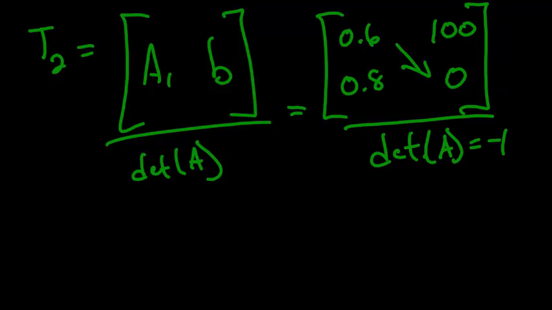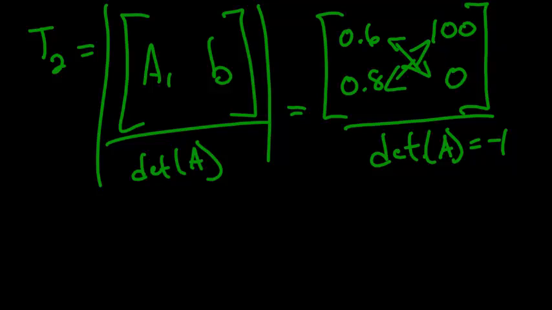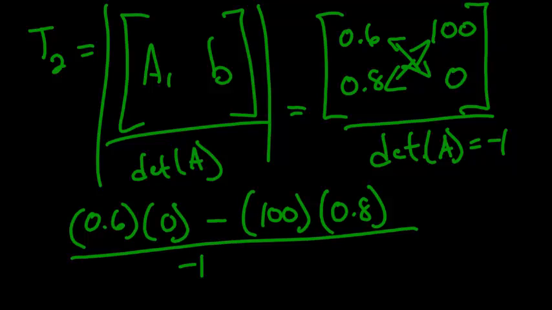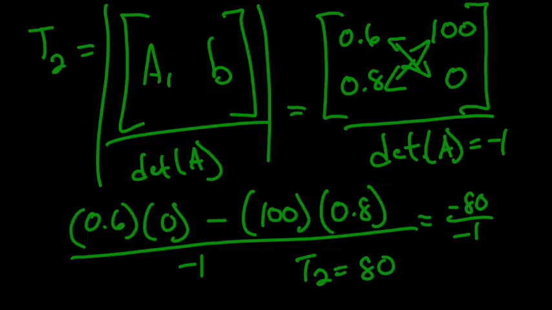So now we take the determinant of this whole thing in order to find T2. So this is just equal to 0.6 times 0 minus 100 times 0.8, divided by -1, which equals -80 divided by -1, where T2 is just equal to 80.